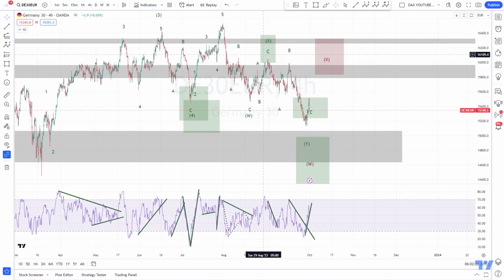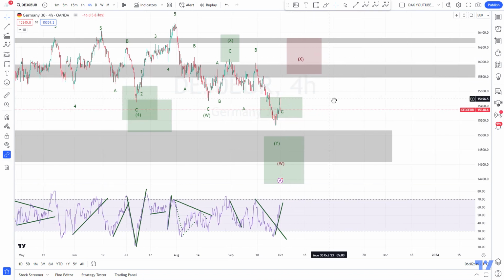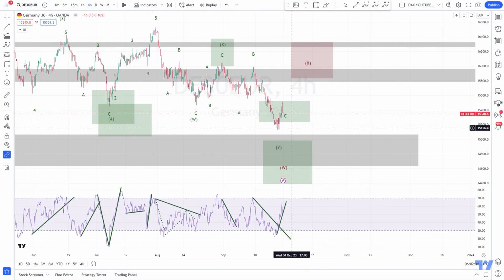If this is finished, it means that the move that we should have here should be impulsive. If it is corrective, like if we see again A, B, C, or something more complicated like a triangle, any corrective structure, with X can be any corrective structure, then it means that we have to prepare for another leg down.